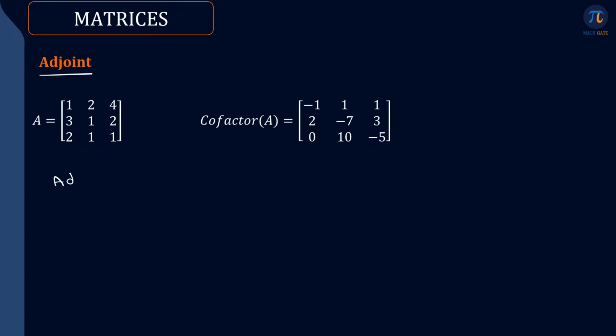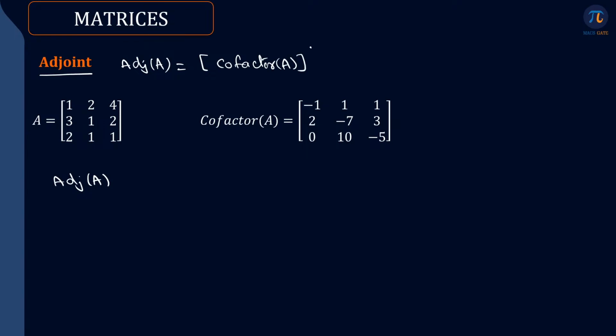See, the adjoint is given by the transpose of the cofactor. What is the adjoint of the matrix, sir? We simply write adjoint A, ADJ of A. We don't have to write the complete word, we simply write ADJ of A. Adjoint of A is defined as the transpose of the cofactor matrix.